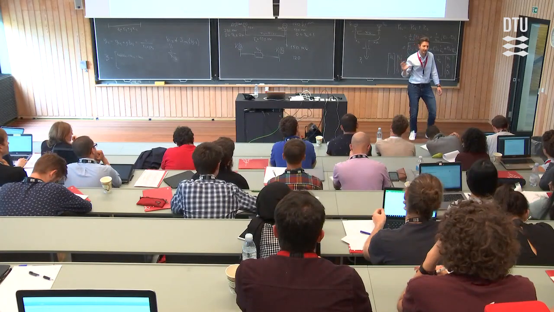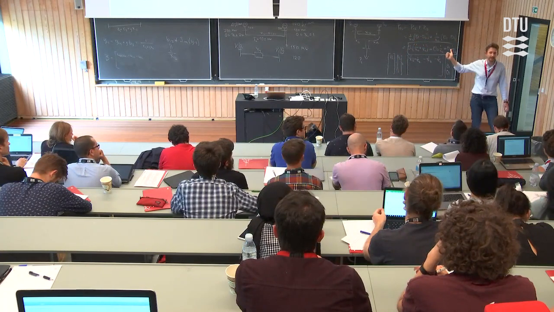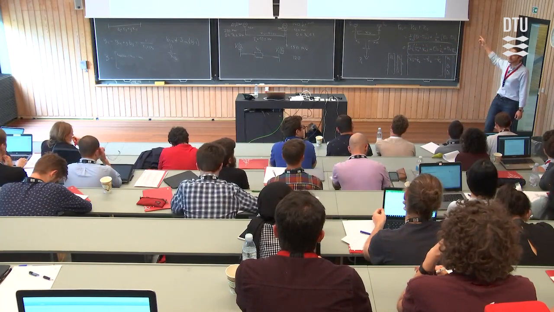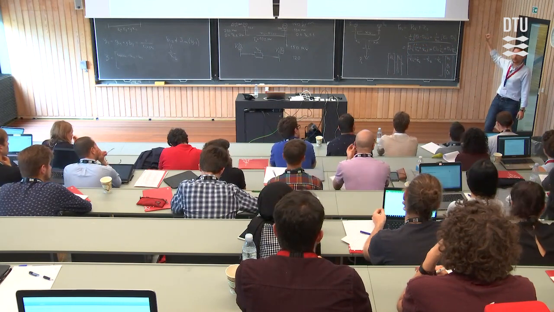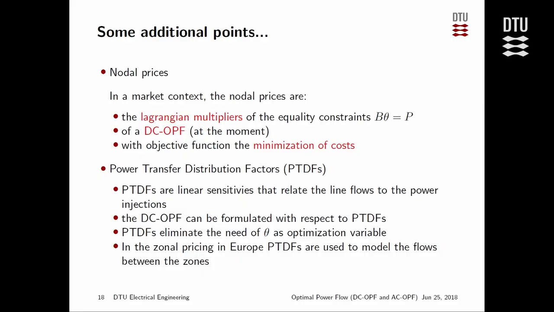These are linear sensitivities. I won't go into much more detail. I have a reference if you want. I have it here because the zonal pricing system in Europe, they use these factors. Okay, and that's the formulation that they use for the market clearing, based on PTDFs.